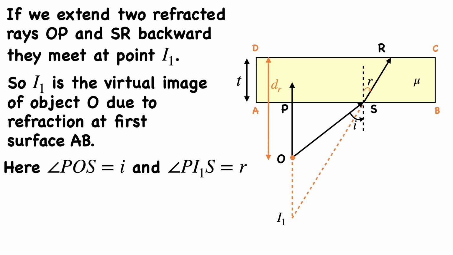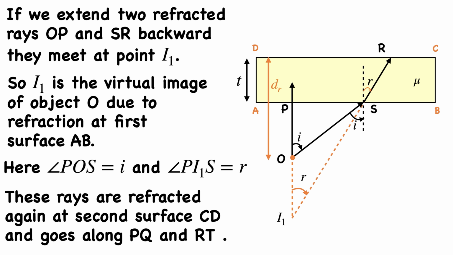Here, angle POS is I and angle PI1S is R. Since the ray PO and the normal at point S on the surface AB are parallel to each other, angle POS is equal to I. And since I1P is parallel to the normal at point S, angle PI1S is equal to angle R.